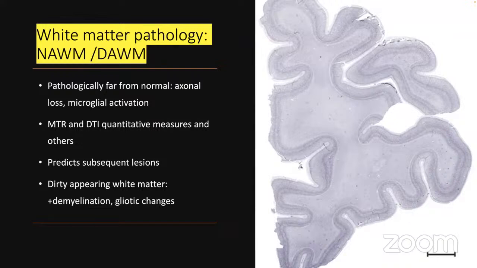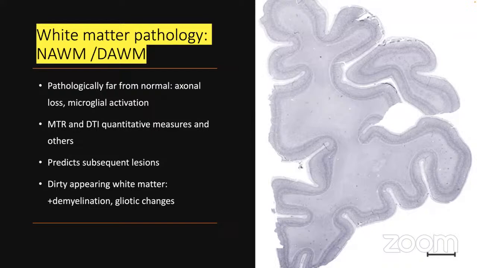Once we developed some quantitative and non-conventional MRI techniques, we started to pick up some microscopic damage. Microscopic damage is on a very small voxel scale, and you are unable to identify it in a single patient, but usually you group a group of MS patients and compare them to normal individuals, and compare the values in different sites, so that you can clearly see that there is some sort of abnormality.